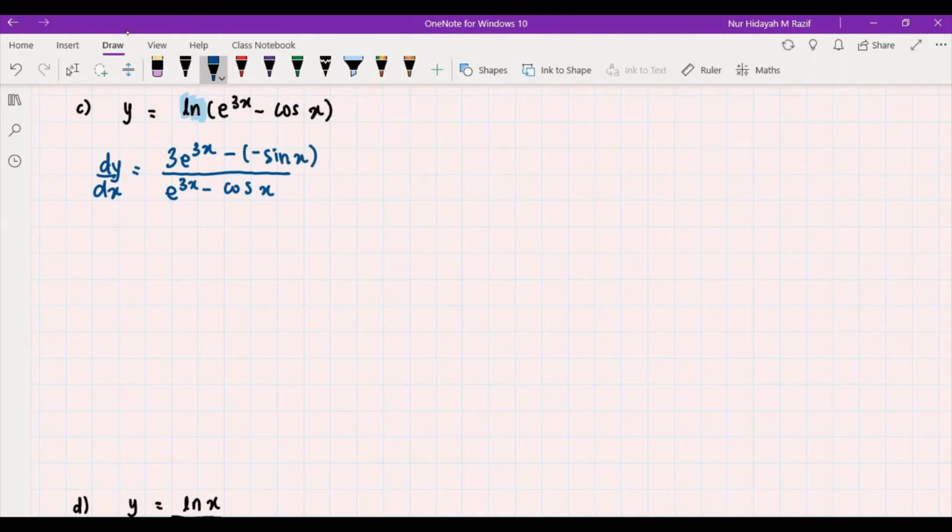So negative multiplied by negative, and we will then have 3e power of 3x plus sine x. Everything will be divided by e power of 3x minus cos x.